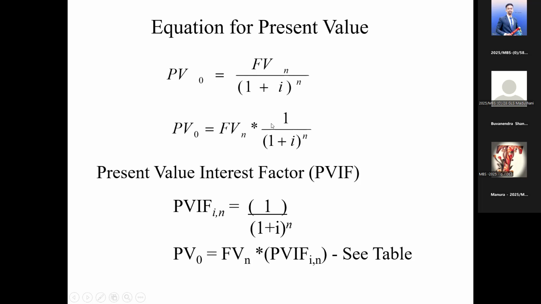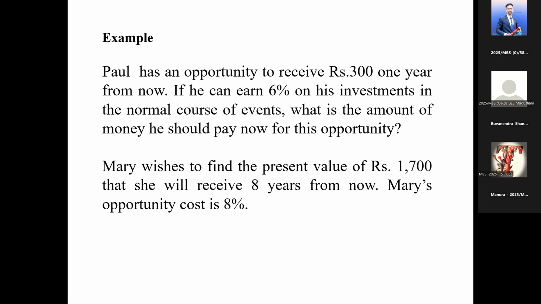Both are the same, right? Future value into 1 divided by 1 plus I power n. So this is how simple lump sum cases with single cash flows can be calculated, based on this present value equation or the present value table.